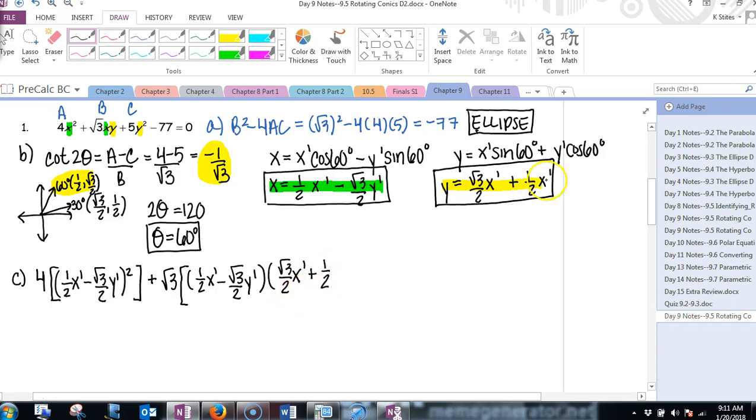Oh, I might have caught that up here. That's a y. Yeah, that would be bad. Okay. All right, so that's your root 3 xy plus 5, and we're squaring y.